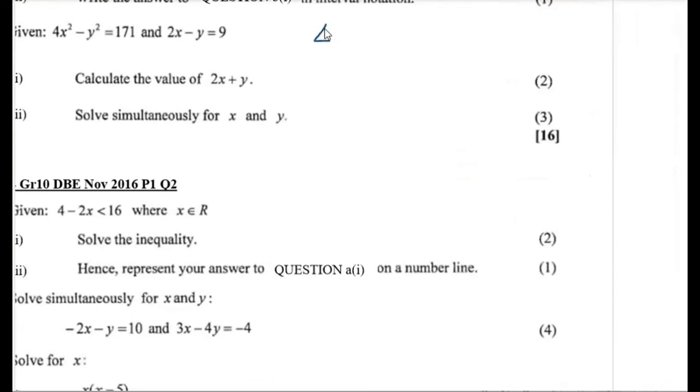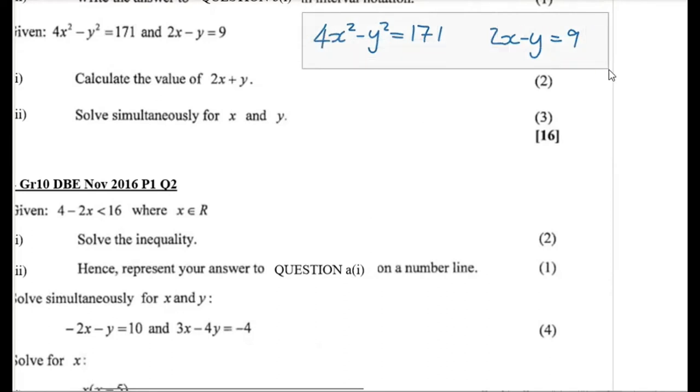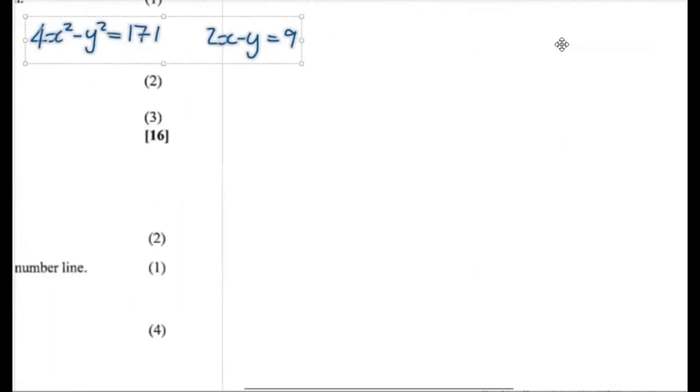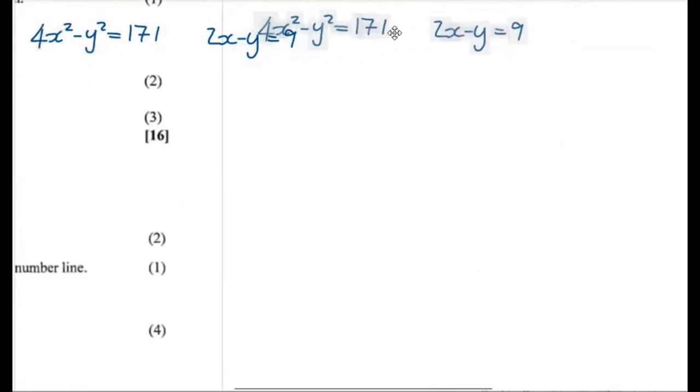So we've got 4x squared minus y squared is equal to 171. And then I've got 2x minus y is equal to 9. Okay. The first thing they asked us to solve for was 2x plus y.